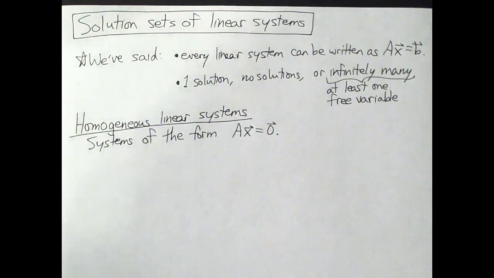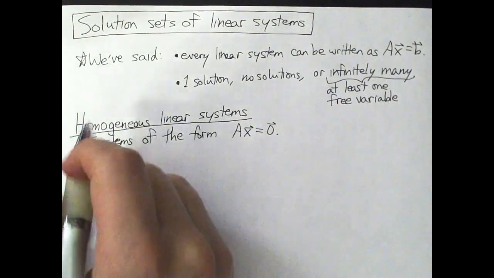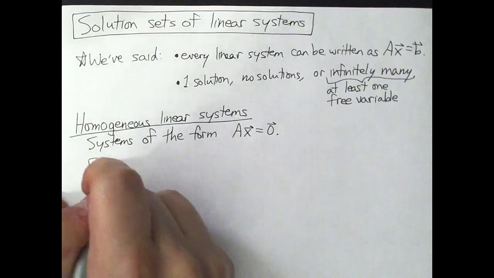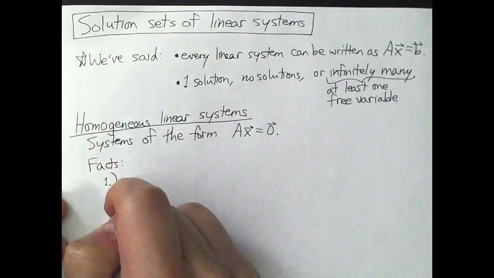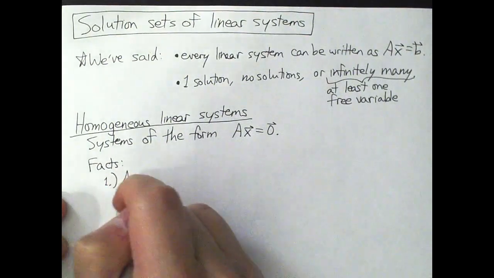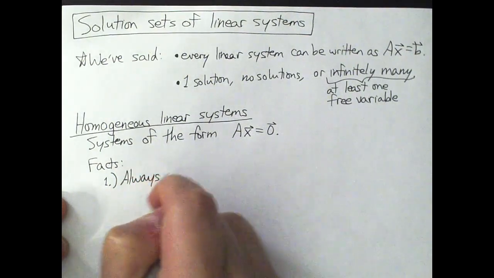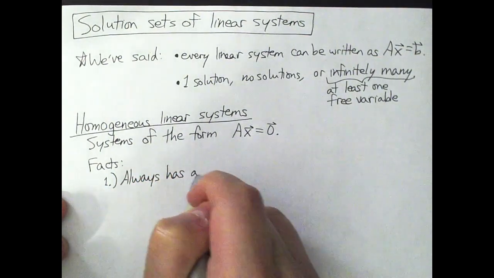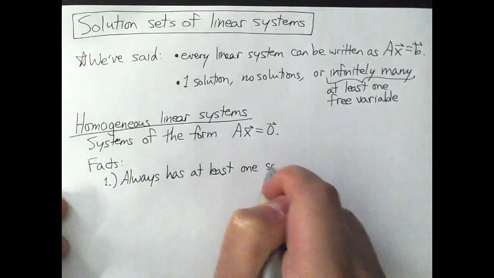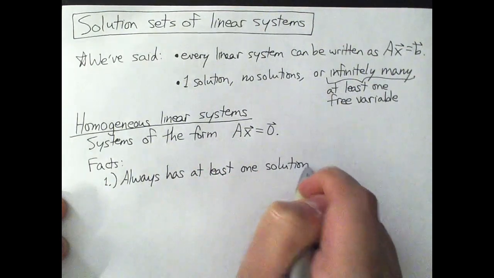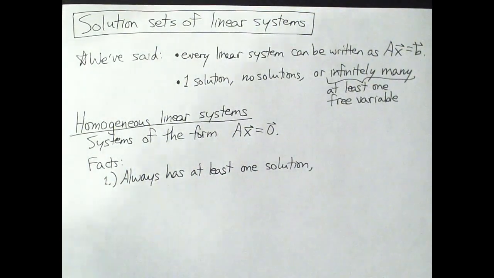And we're going to talk about these for a little bit because these come up a lot. I'll tell you a couple of facts about these. Number one, a system of this form always has at least one solution. Remember, when we say solutions, we're looking for the x's.